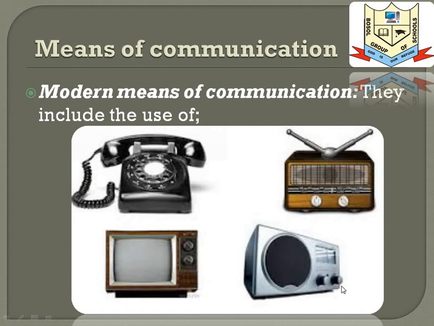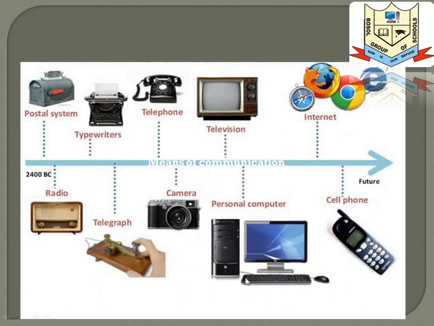Then the modern communication are the ones that we're using now. That has to do with the telephone call, the radio messages, the television, the use of WhatsApp, email, and other communication means. We still have the postal system, the telegraph, the camera, the cell phone.